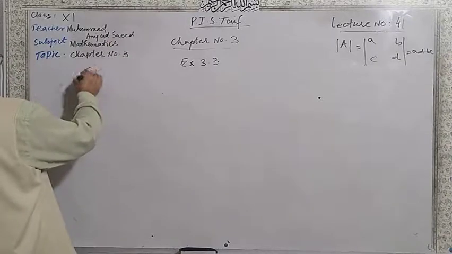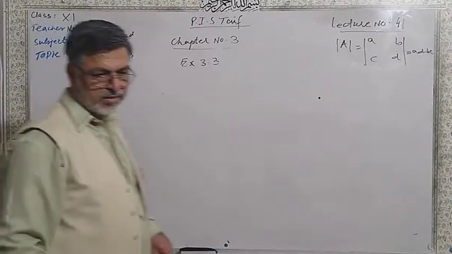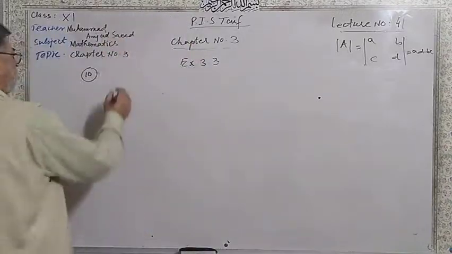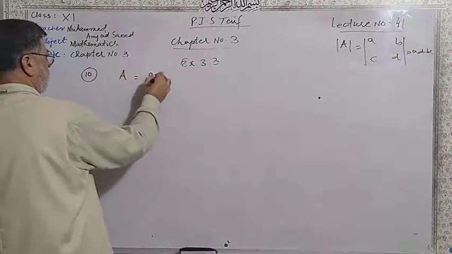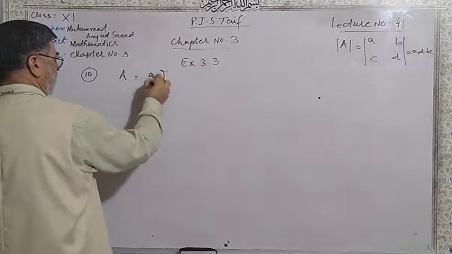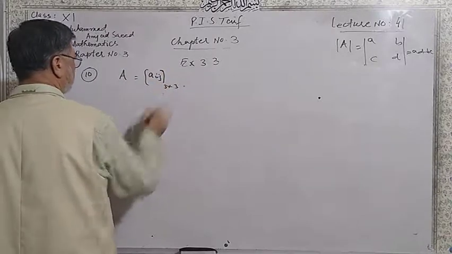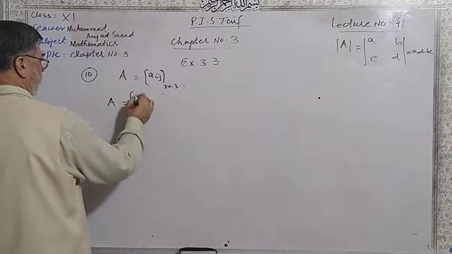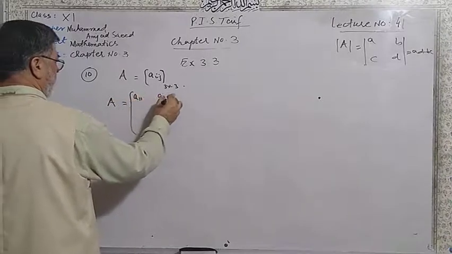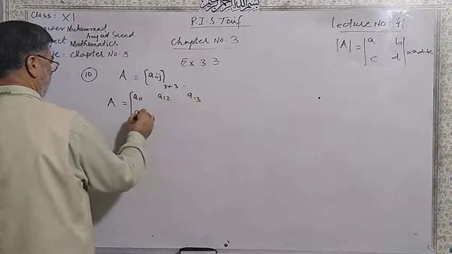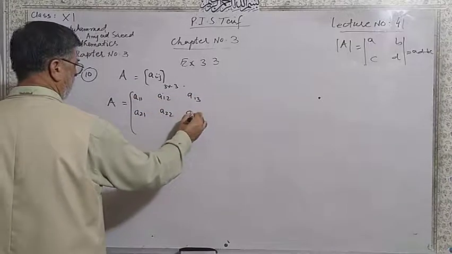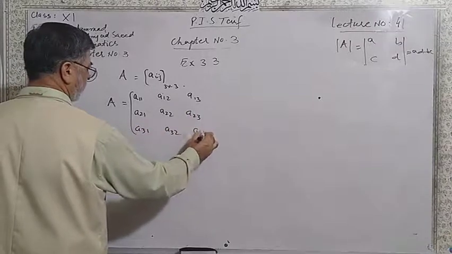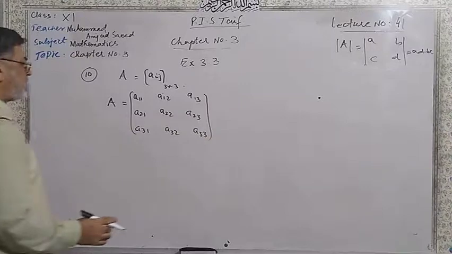A is a square matrix of order 3, you can say Aij 3 by 3. So you can write down A as A11, A12, A13, A21, A22, A23, A31, A32, A33. This is A.